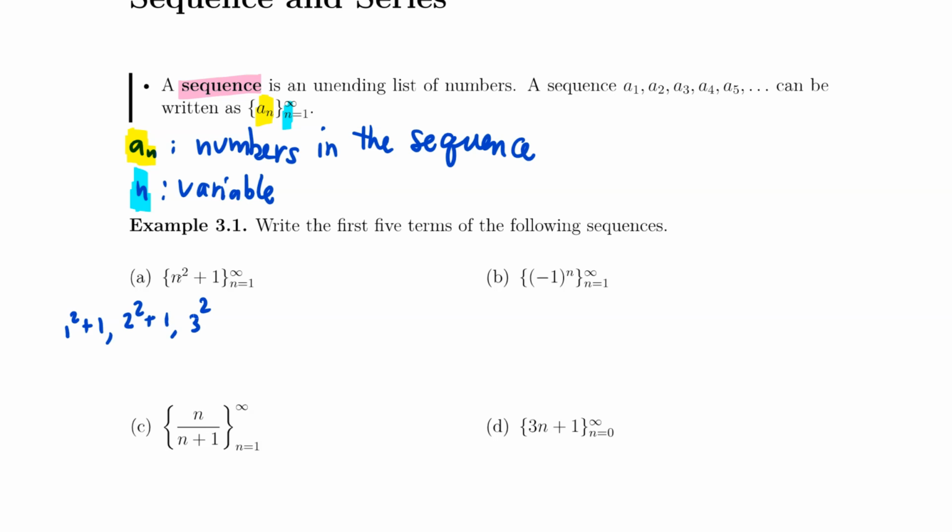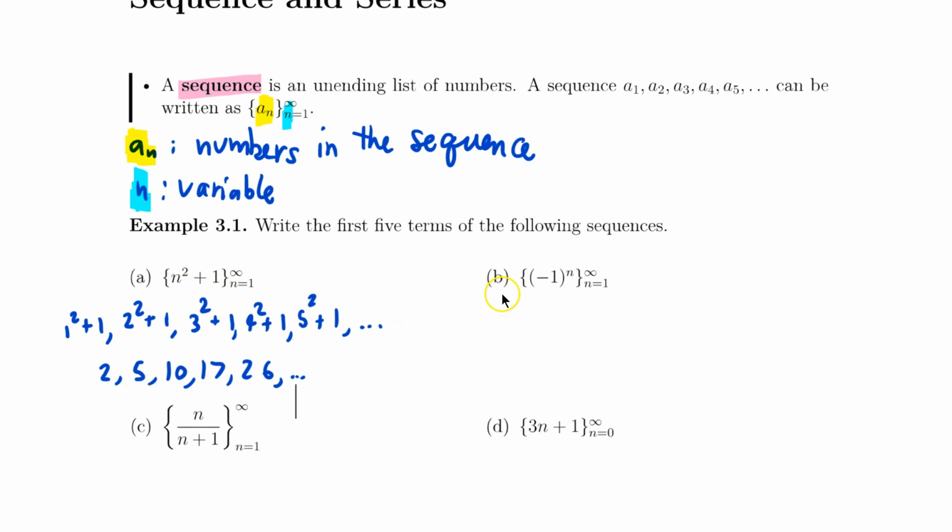And then 3 squared plus 1, 4 squared plus 1, 5 squared plus 1, and so on. So if I want to compute this out, this is going to give me 2, 5, 10, 17, 26, and so on. So here are the first 5 terms for my sequence.